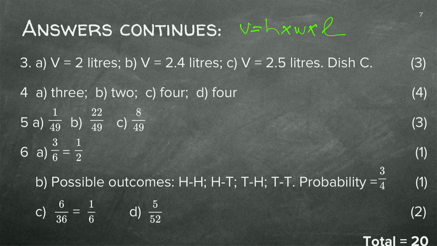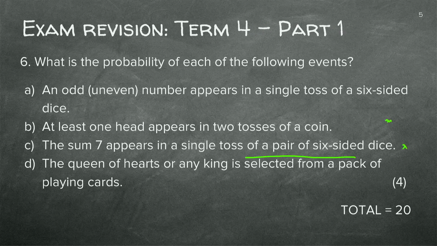Okay. Now, question 6. Remember I said to you that it is a little bit tricky, I just want to make sure that you understand this. Now, what is the probability that at least 1 head appears in 2 tosses of a coin?